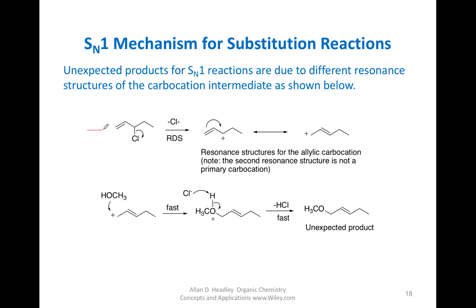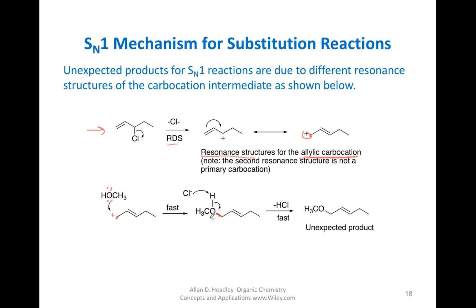Same initial step, the RDS, forming our carbocation. This time again, it's the allylic carbocation. We can draw resonance structures, putting the positive charge on this carbon. So now we have our nucleophile coming in and bonding to this carbon here, making this bond right here.